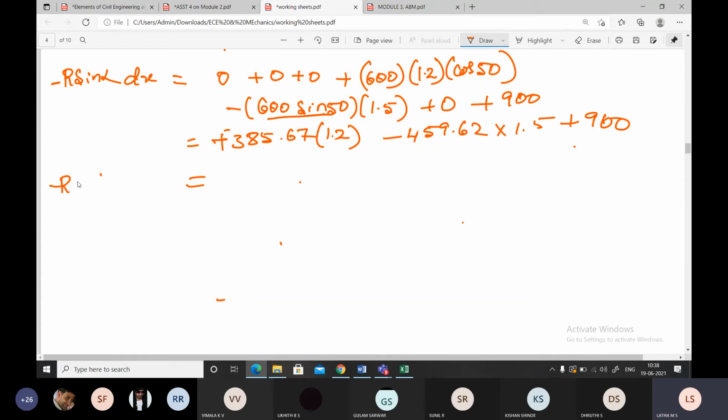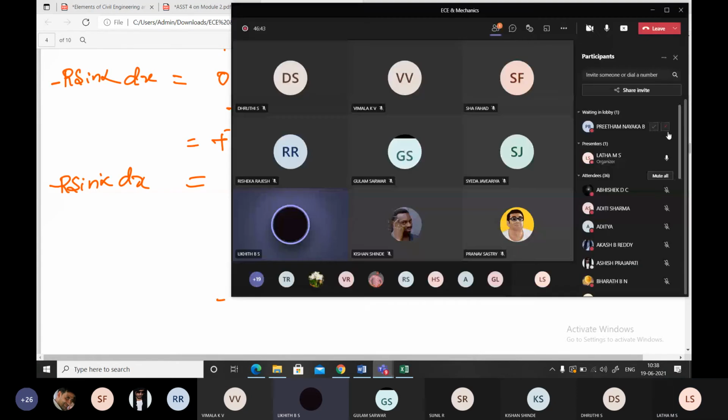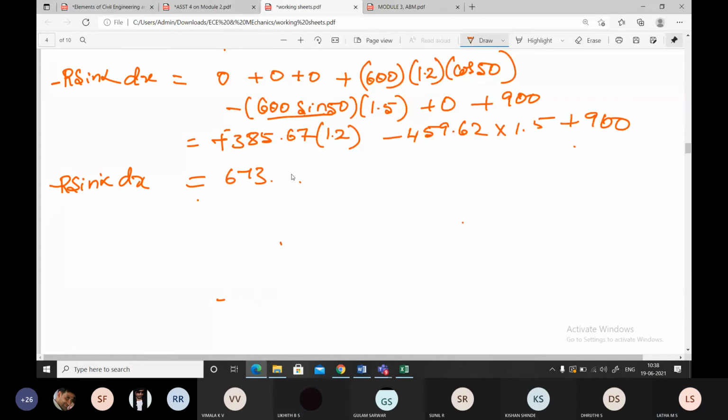This is minus r sin alpha dx equals, what is this value, students? 673.374, ma'am. Okay. dx is equal to 673.374 divided by minus, what is the resultant value?